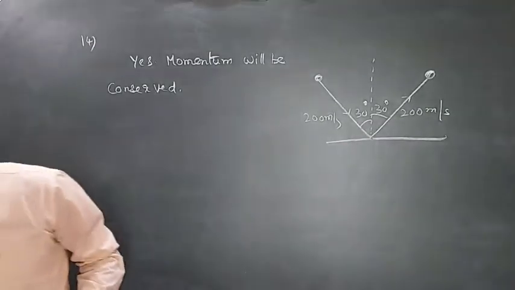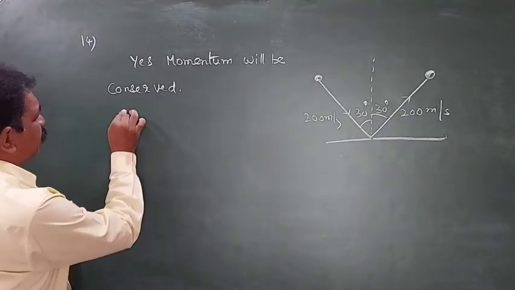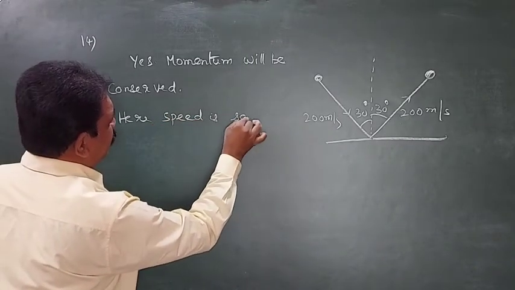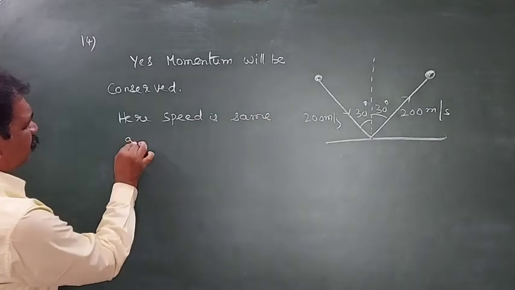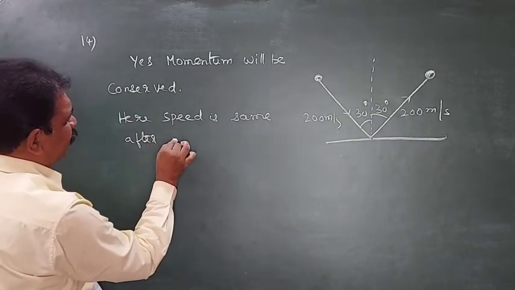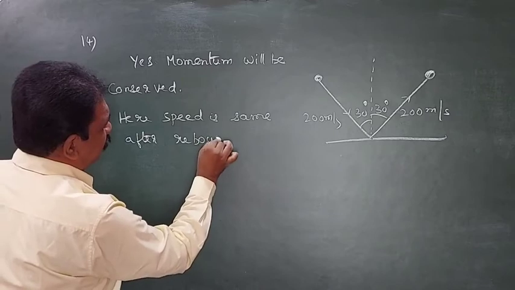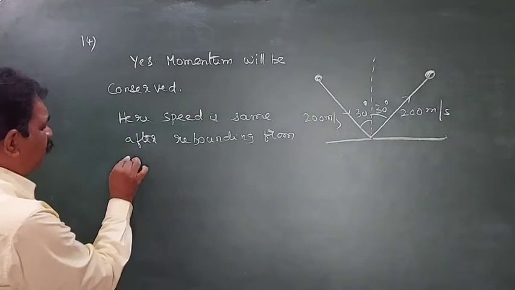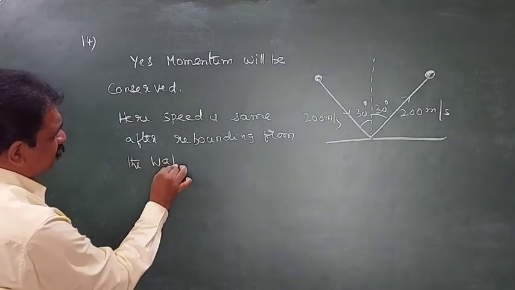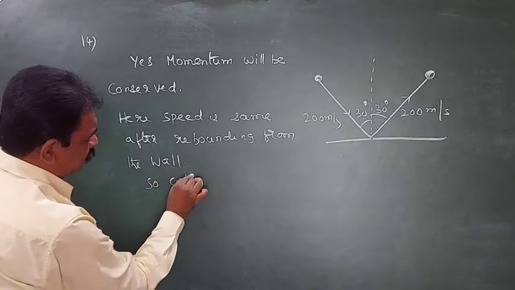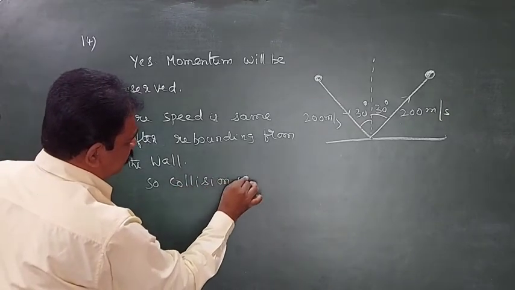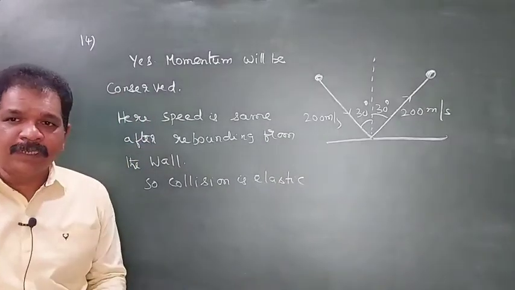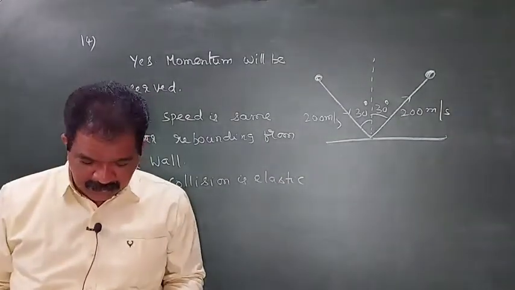So write down here: speed is same after rebounding from the wall. So collision is elastic. Speed will be same, collision will be elastic.